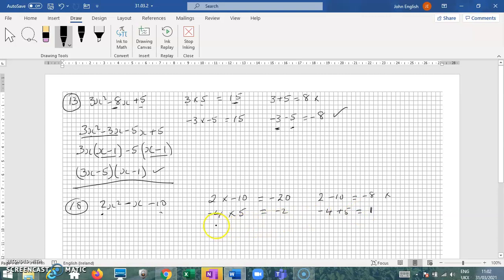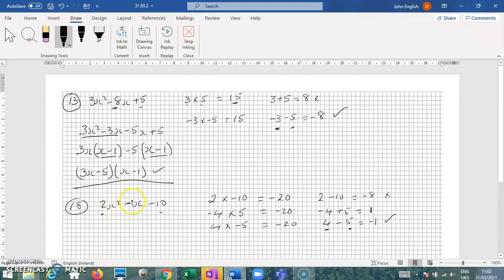But what happens if we switch the signs around and we say 4 multiplied by minus 5? So 4 multiplied by minus 5 is going to give us a minus 20. And if we add them together, 4 minus 5 gives us a minus 1. And that's what we want. So these are the two numbers we're going to use to redistribute the minus 1x.